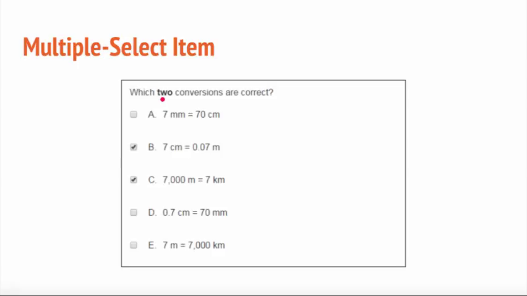Choose all correct. They don't tell you how many are correct. In the elementary school, they're a little bit more leading, so they tell you how many are correct. Hopefully that helps students who know they have to choose more than one. At least they know how many they have to choose. But to state it again, they have to choose all of the correct answers to earn the full point.